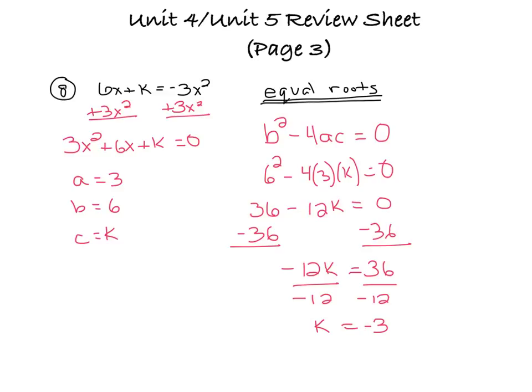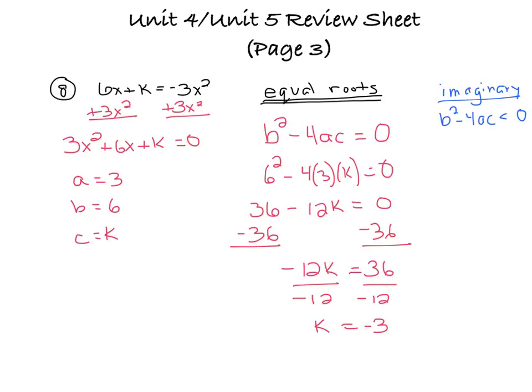Now, just on a side note, if the question had asked to find the values of k so that the equation has imaginary roots, then what we would want to do is take the discriminant and say that b squared minus 4ac is less than 0, because if you're looking for imaginary roots, the discriminant is going to be a negative number, which means less than 0.